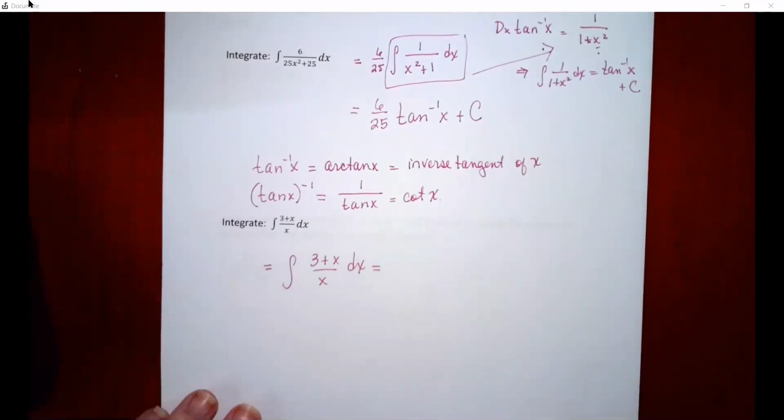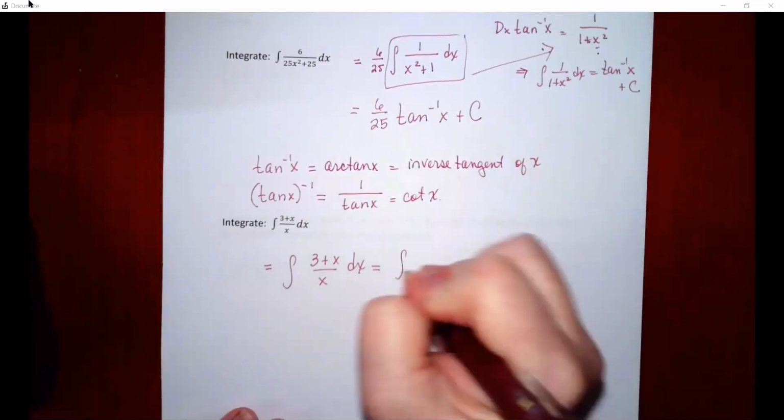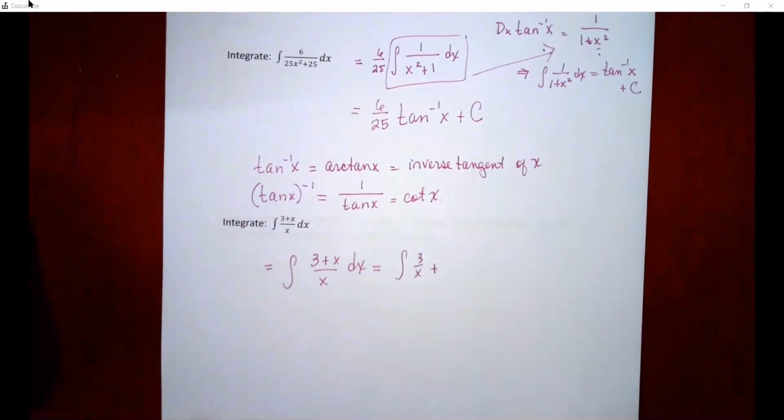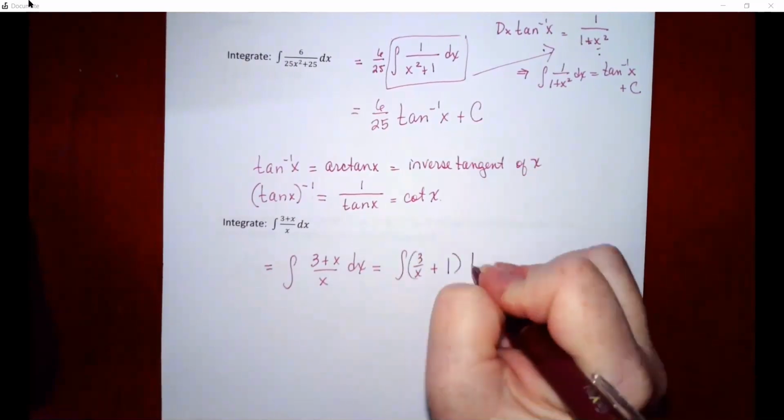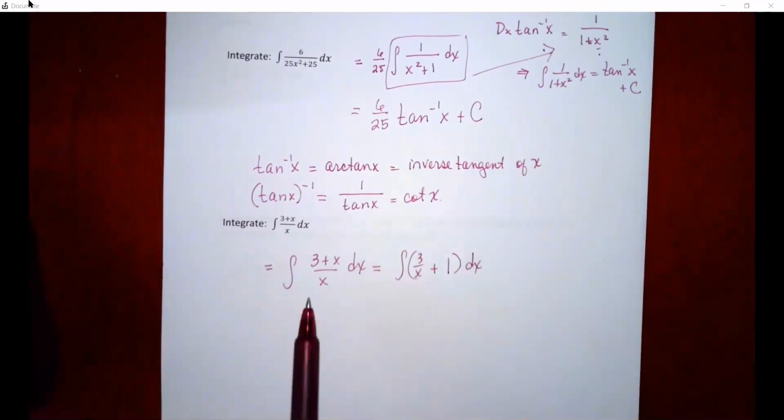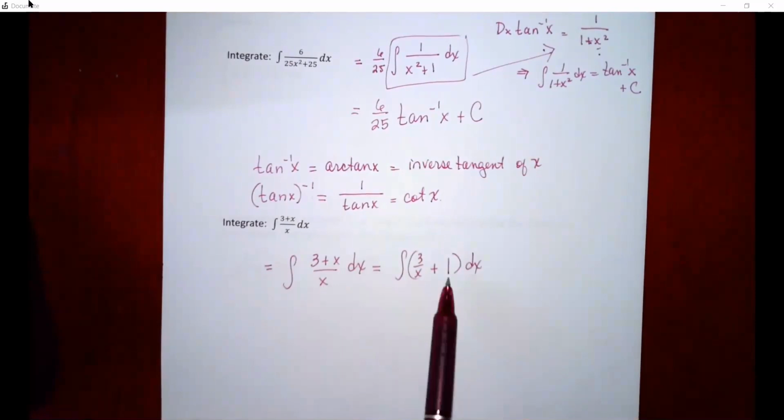What did you do to this integral before you integrated? I separated it into 3 over x as one thing, and then plus 1 for the second. Perfect. Excellent job. So you just broke your fraction apart, and we've got 3 over x plus x over x, which is 1, and then integrate it separately.